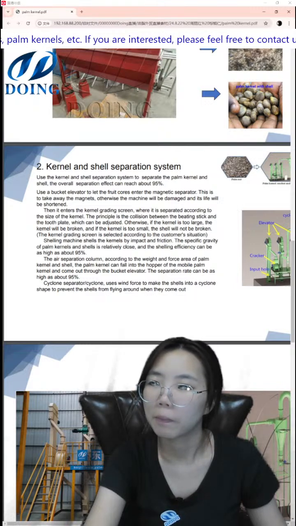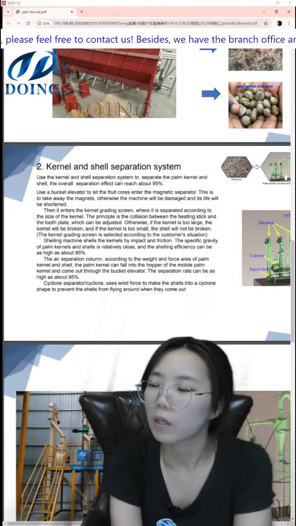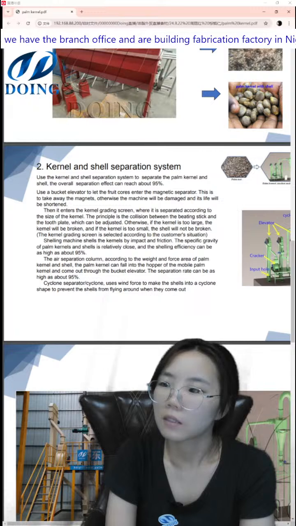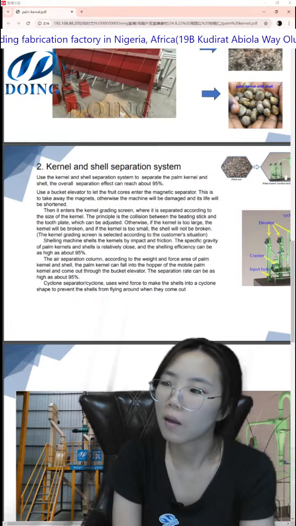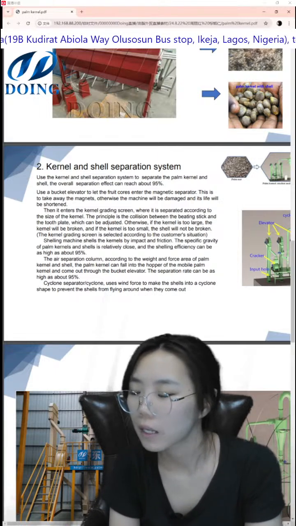The specific gravity of the palm kernel and the shell is relatively close. The shelling efficiency can reach about 95%.